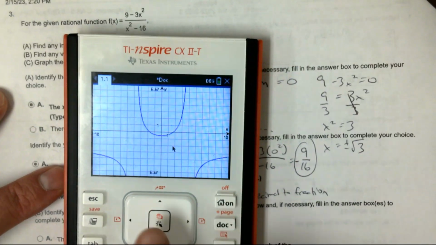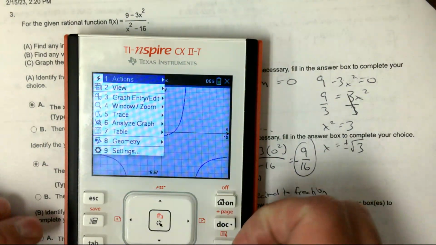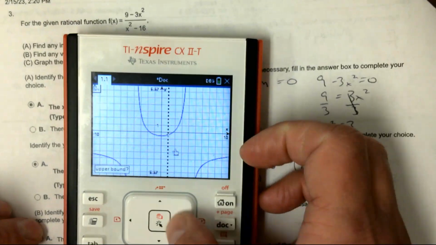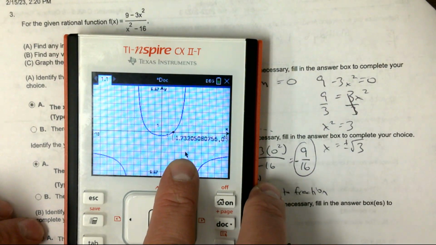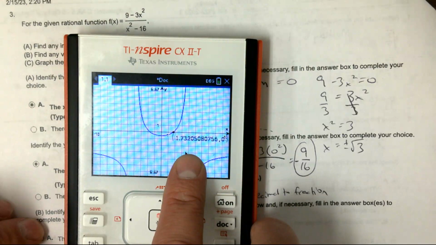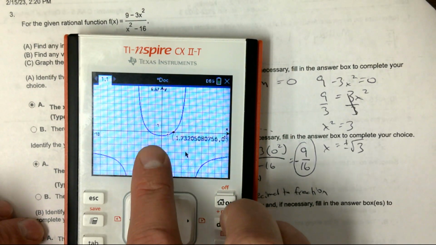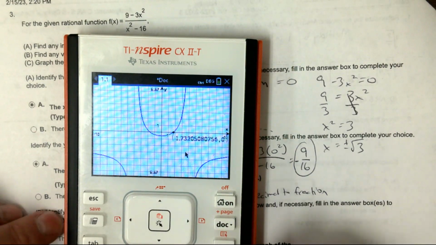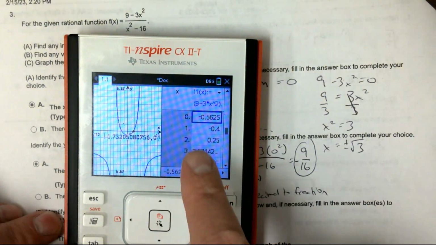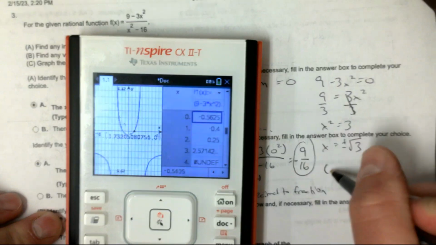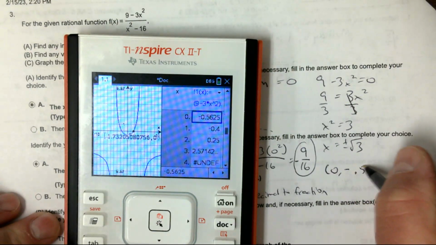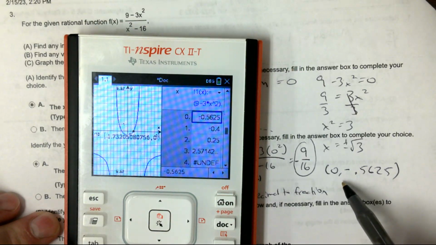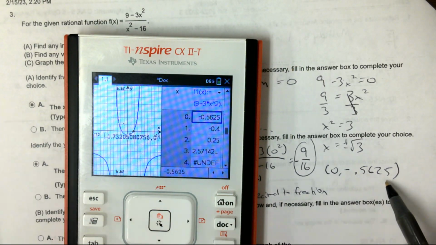So there's your x-intercepts. Remember we could have done 0 of the graph earlier, and there's your 1.732. Now for your y-intercept, we see it's negative because it's below the x-axis. And if we go to our table, it's 0, negative 0.5625. Excuse me. 0, negative 0.5625.